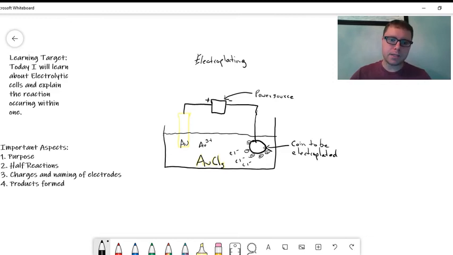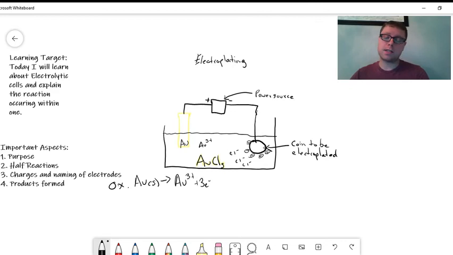What happens is gold goes from our solid, so our Au solid, it gets its electrons stripped away. So it becomes Au3 plus, and that also produces 3 electrons. Because gold is losing electrons, this is our oxidation reaction.